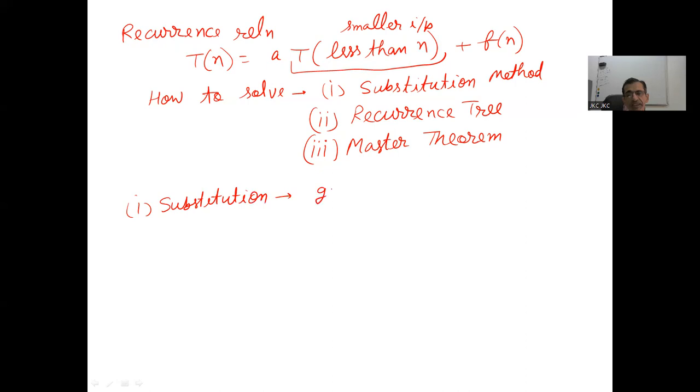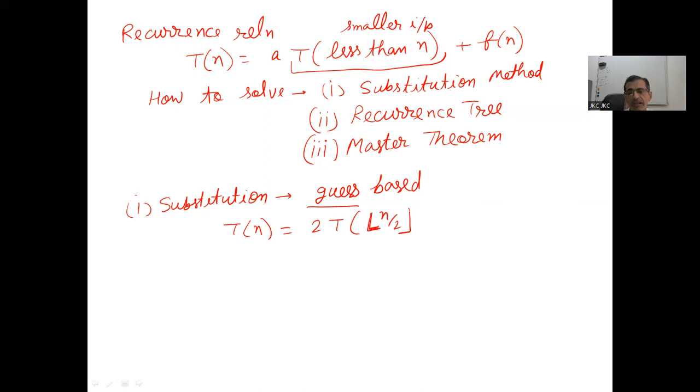Effectively, it is a guess-based method. Guessing is not always easy or feasible, but effectively I have to guess and then substitute. For example, say I have a relation that T(n) is equal to 2T(n/2), even if ceiling or floor is taken.